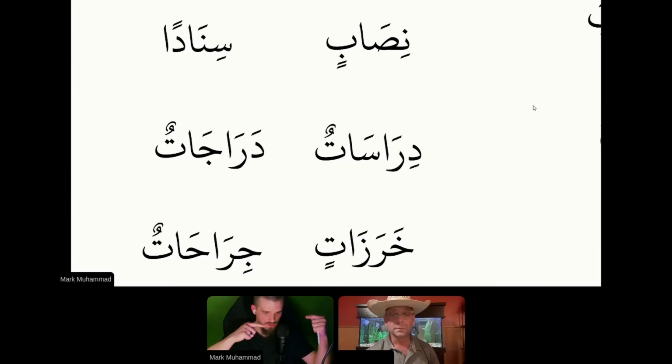The letters and the vowels are different, but you could switch out any letters and keep the pattern with the fathas and the alifs, and it would be almost like on a scale.